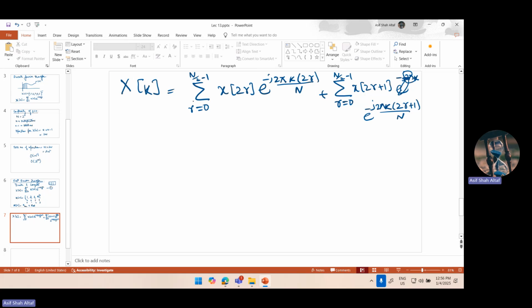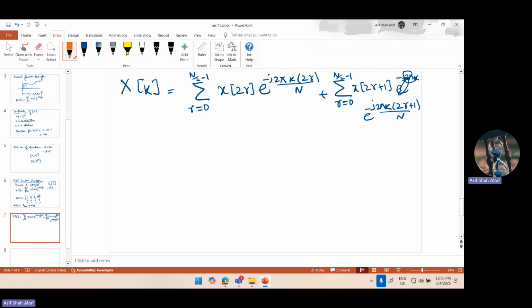Okay, fine. Now what I did is that I basically changed the indices here, or you can say the dummy variables. So now this component, the first one here, represents the even part, because you see it's only taking the even indices from x of n. So r will be 0, so it will be x of 0, then 2, then 4, and so on up to n by 2 minus 1.